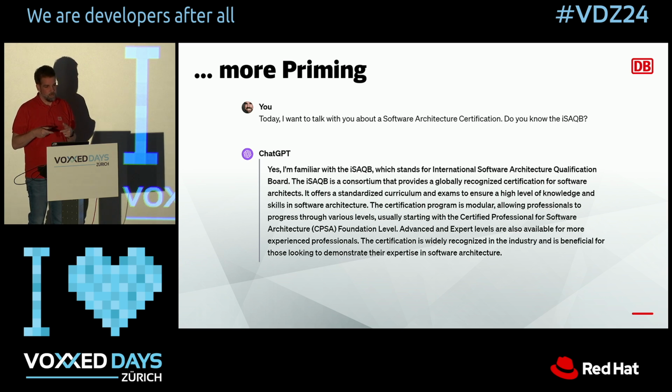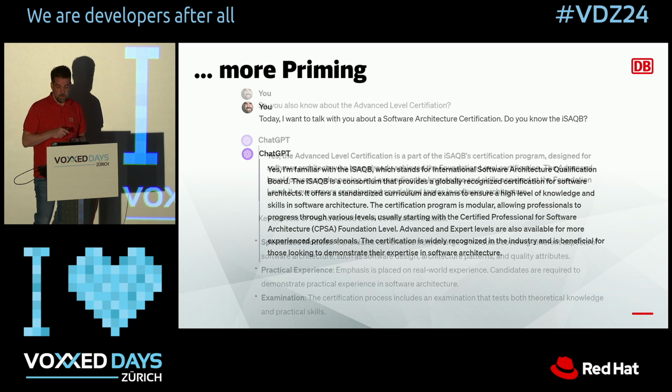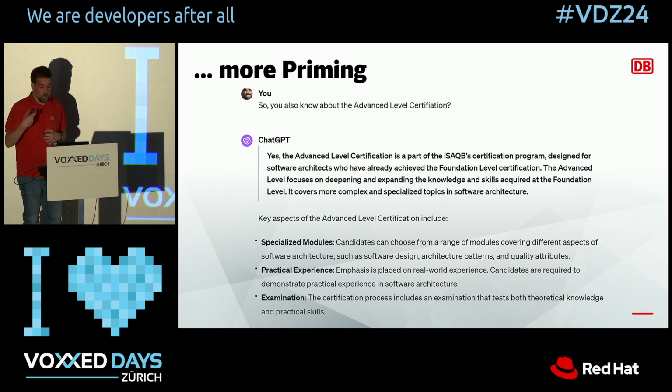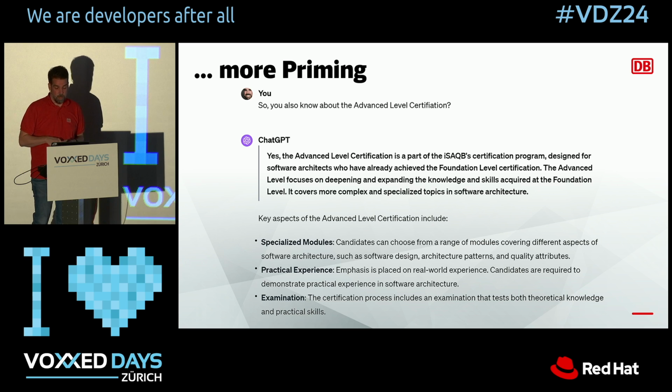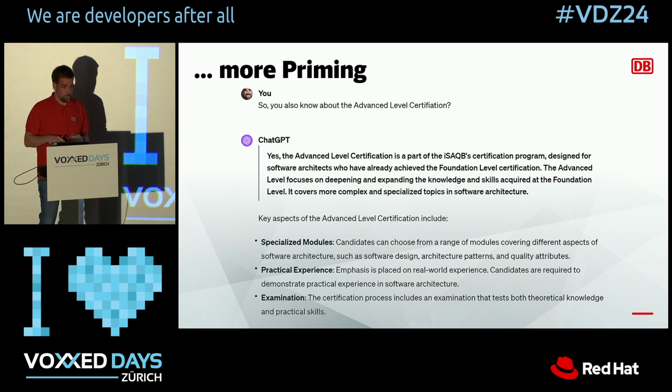I don't have to tell it about it. It retrieves this information from its knowledge and puts it into the context. From my perspective, that's quite helpful. I also asked it about the advanced level certification before I started to solve it with it.